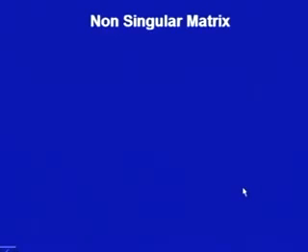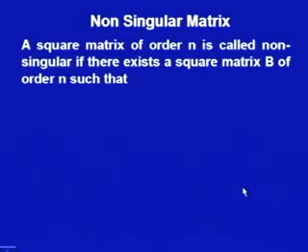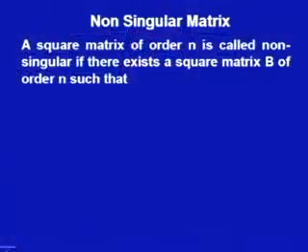Now, on the basis of this, one can get some useful results regarding non-singular matrices. So, let me introduce the non-singular matrix. We say a square matrix A of order n is called non-singular if there exists another square matrix B of order n such that A multiplied by B is the same as B multiplied by A, which gives me an identity.